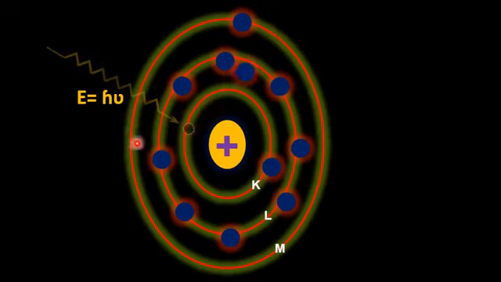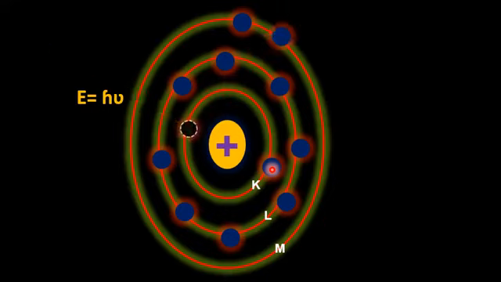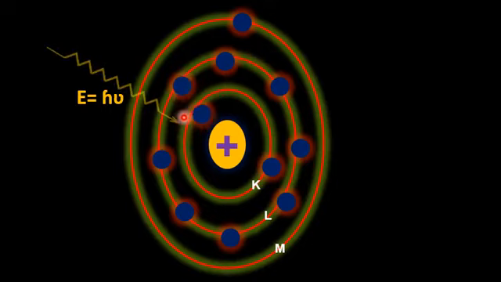Now this atom becomes unstable because the atom has only one electron in the core K shell. In order to stabilize the atom, an electron from a higher energy level like the L energy level will jump into the vacant position of the core K shell.